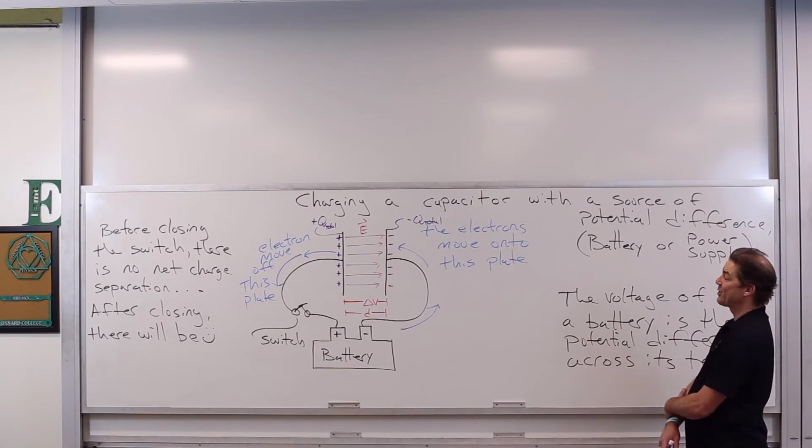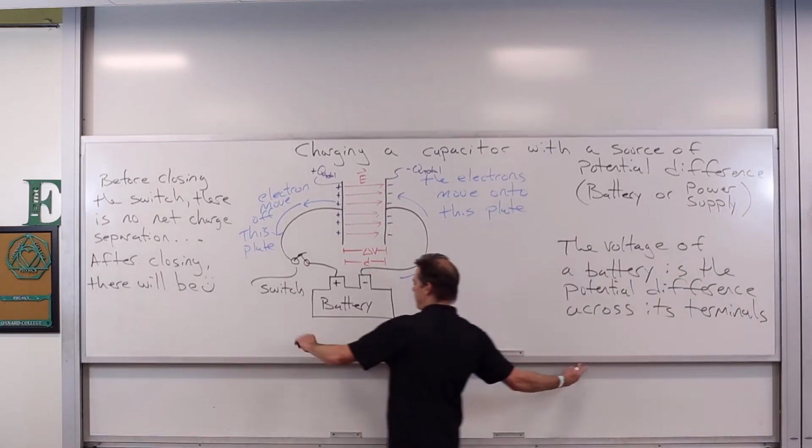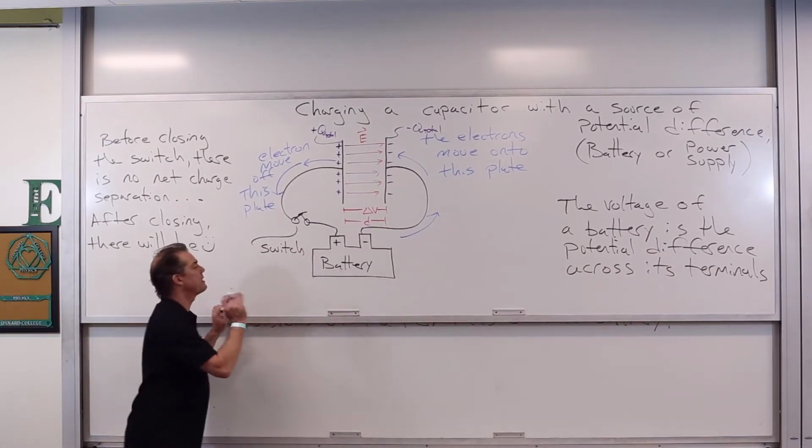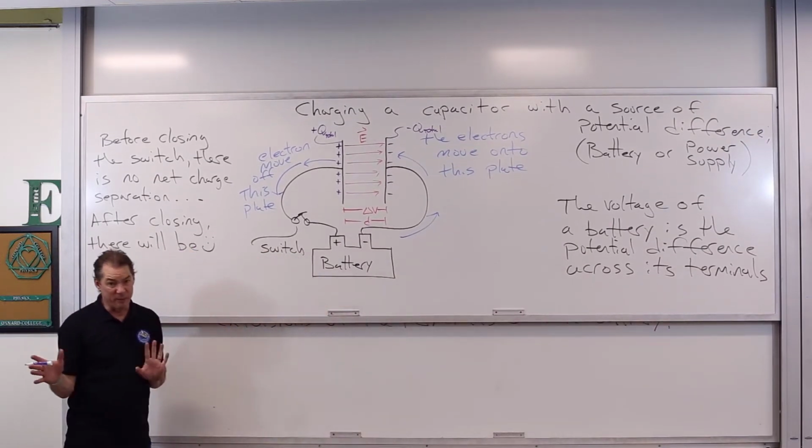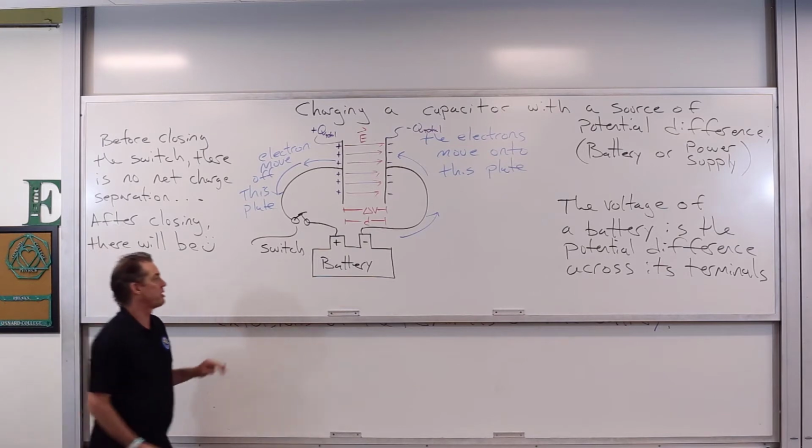All right, so what do we get out of this? Well, let us name the potential difference of the source of the battery. We're going to call it something else.